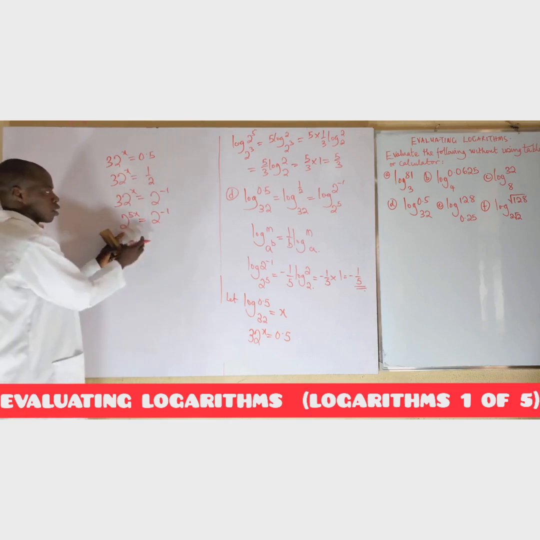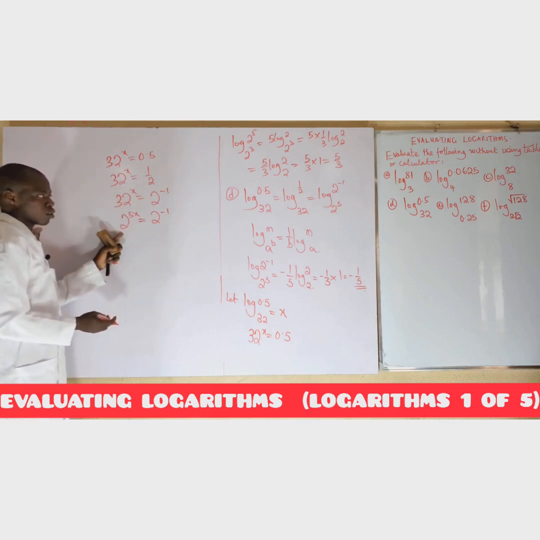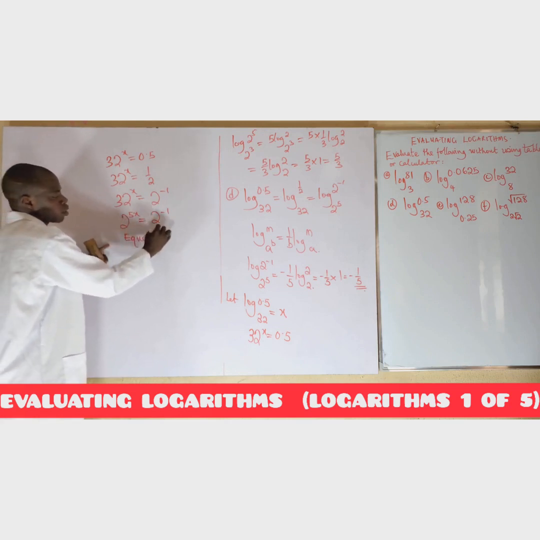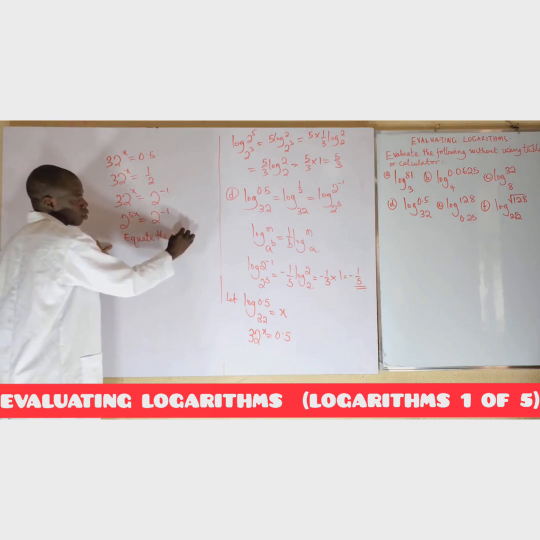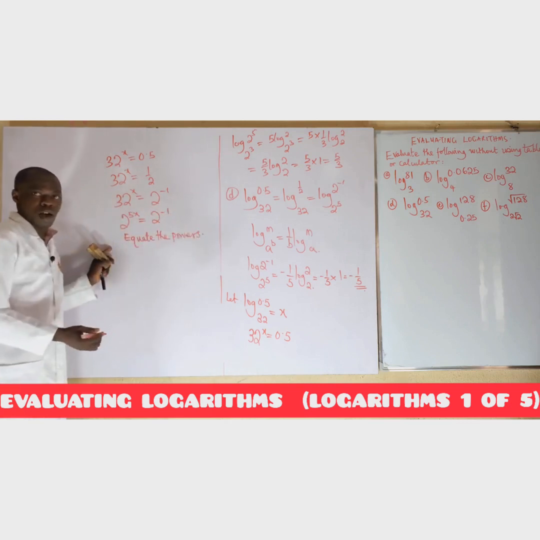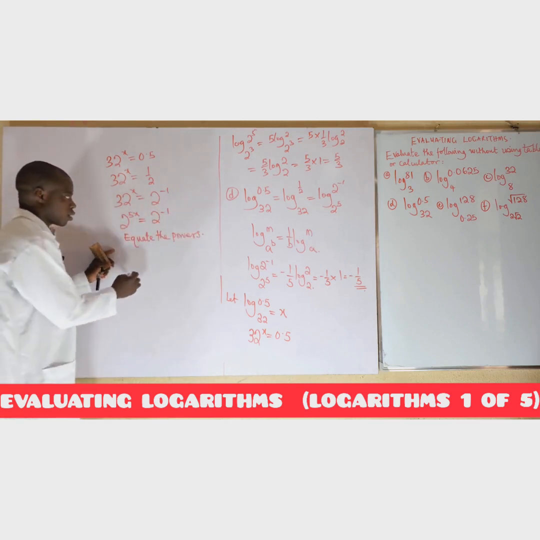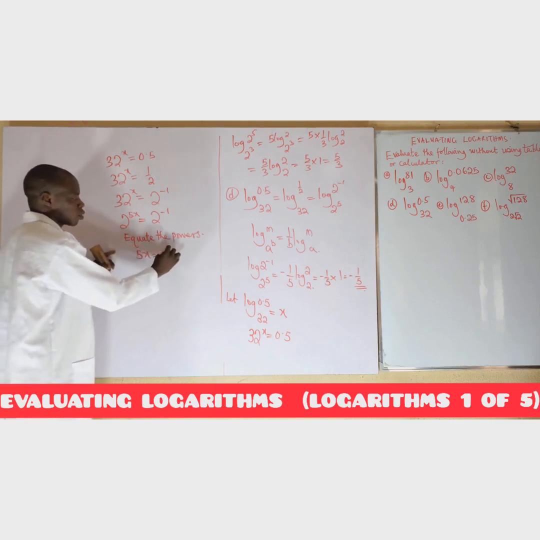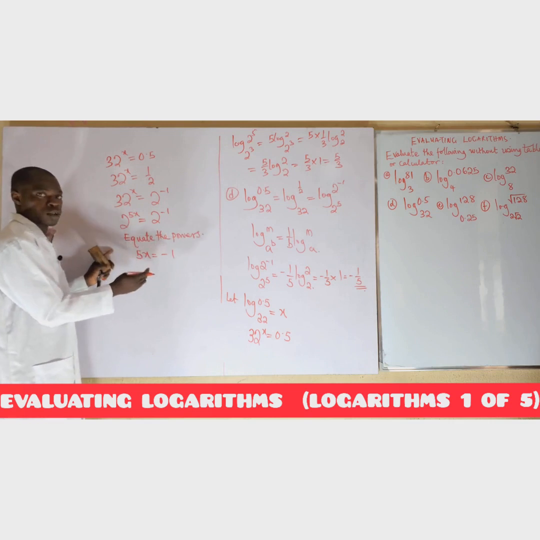Since the bases are equal, equate the powers. You're having 5x equals to minus 1.